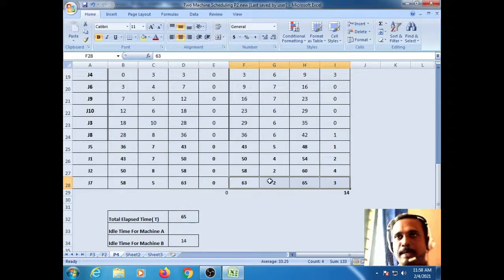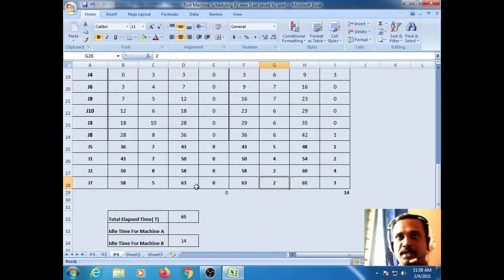While job 7 is processed on machine 2, machine 1, or machine A, or M1, has to wait for these 2 hours.